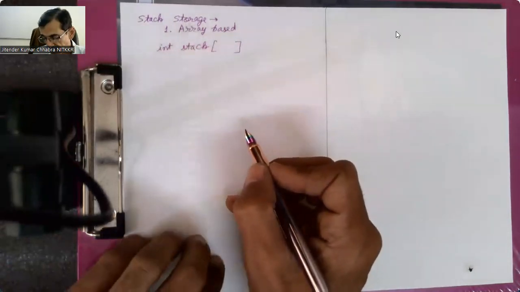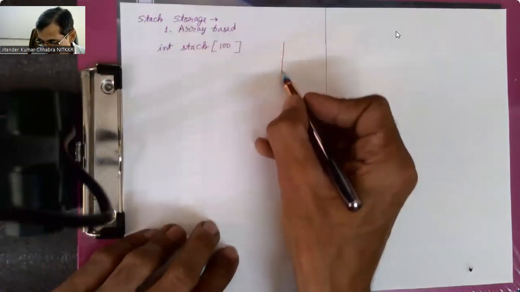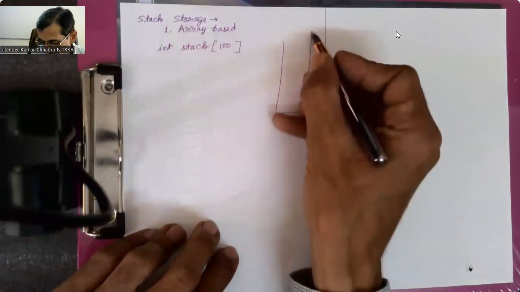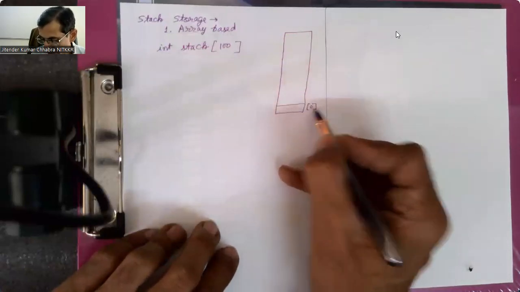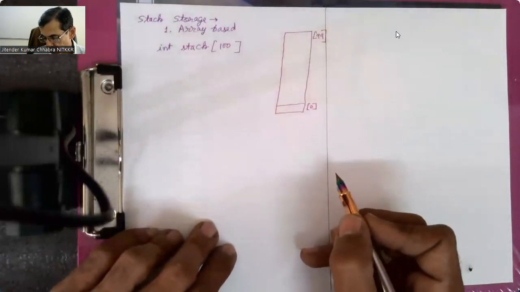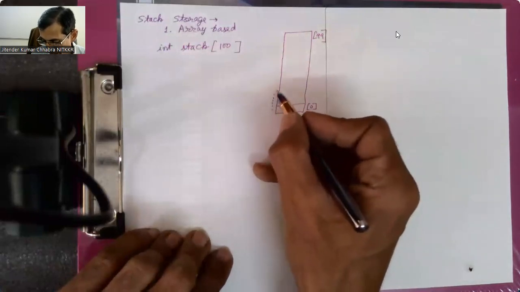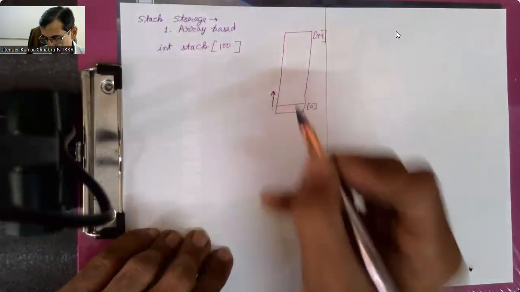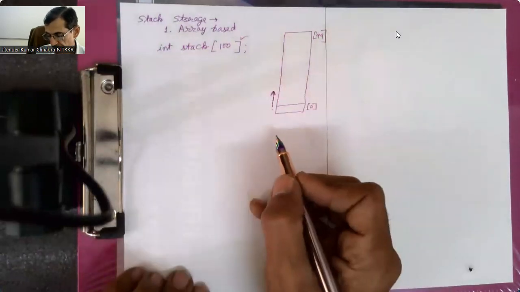If I have declared 100, this means I get an array of 100 integers. But now I show it in this particular form. It's just a showing methodology, but it will be more useful to understand how stack works. And I am expecting my stack to grow in this way. So int stack[100] will mean this.